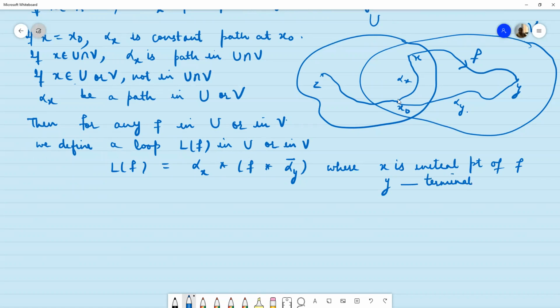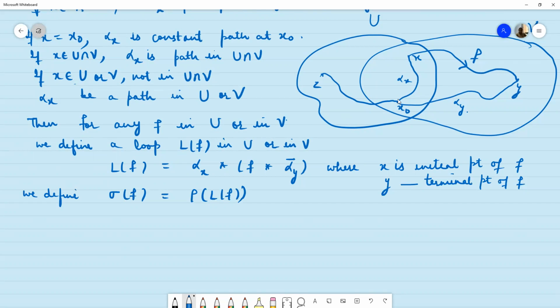So if x and y are endpoints of f, then we define L_f to be alpha x star f star alpha y bar. Now we define the mapping sigma. Sigma of f is defined to be rho of L_f, because rho is defined on loops based at point x0. So rho of L_f is a well-defined mapping, and we define sigma of f to be rho of L_f.